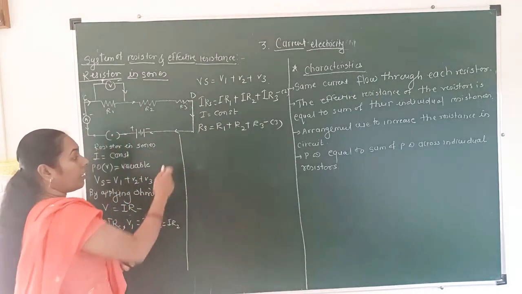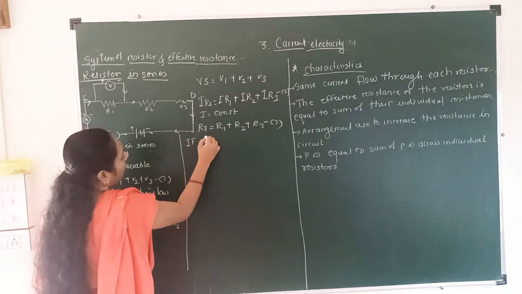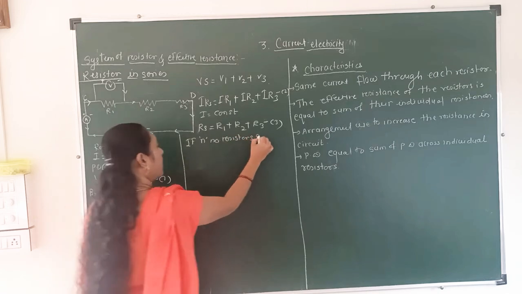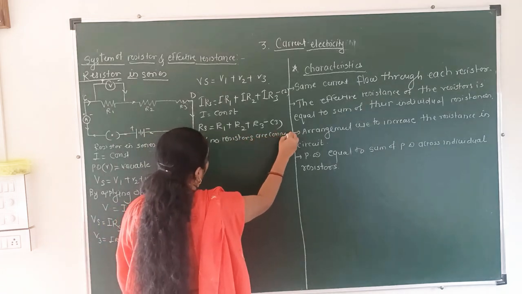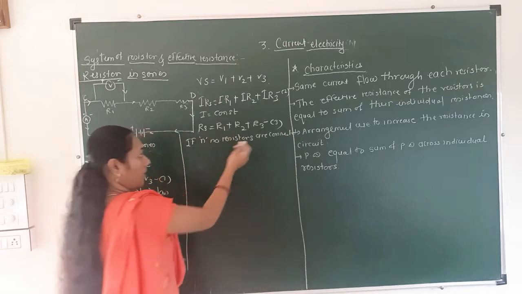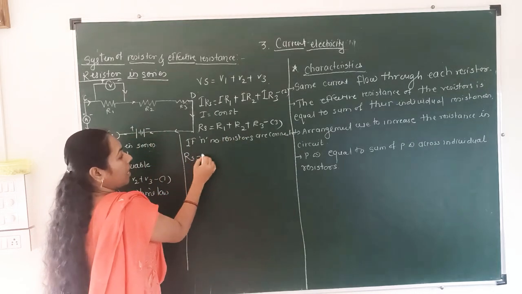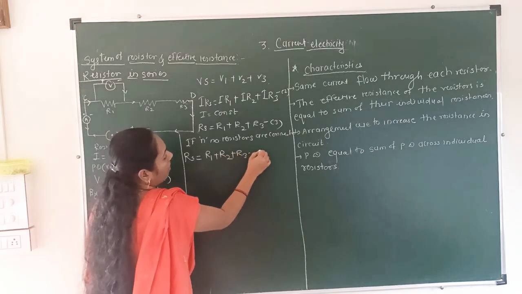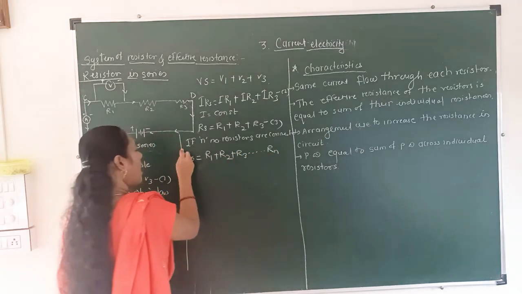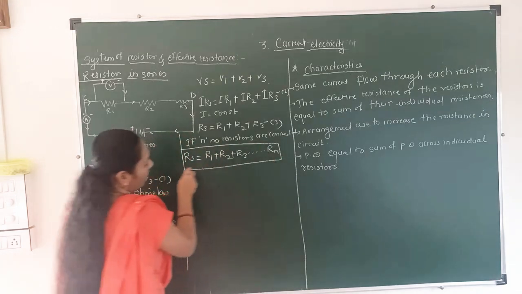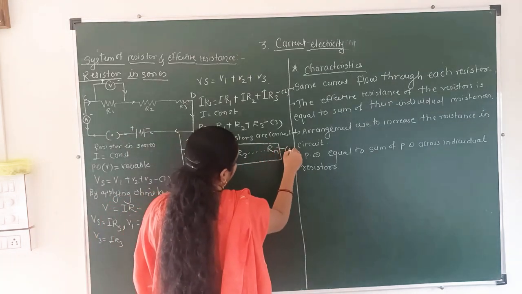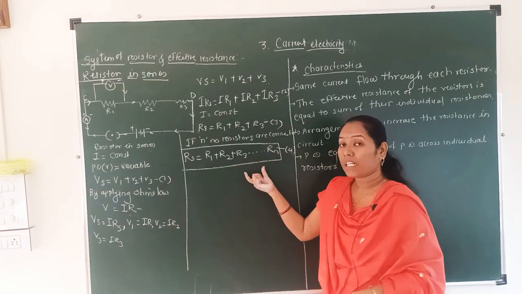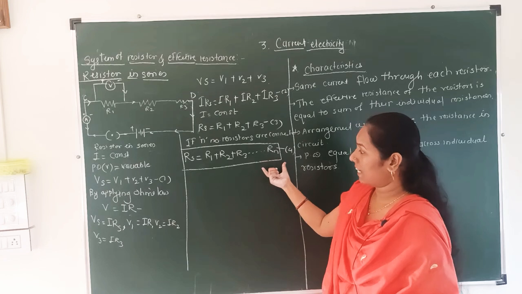If n number of resistors are connected, the equation becomes Rs is equal to R1 plus R2 plus R3 up to Rn. This is the equation for resistors in series, equation number 4, which is very important, and you will have numericals on this equation in your exam.